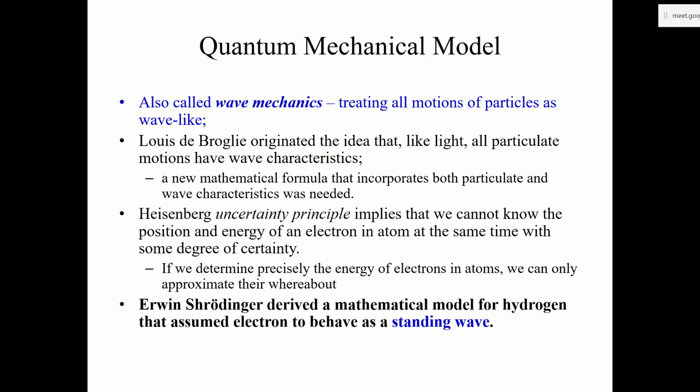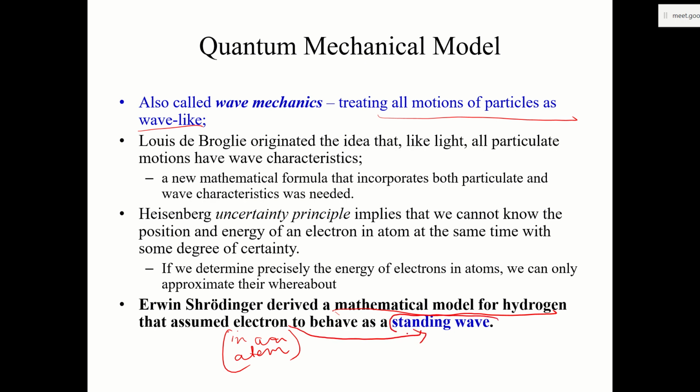So it started with treating all the motions as wave-like. So that's what I told you in introductory quantum mechanics. That's combining those ideas. He developed a mathematical model which we have already discussed, and it is important to understand that electrons in an atom, whenever you are talking about electron in an atom, the electron is behaving as a standing wave.